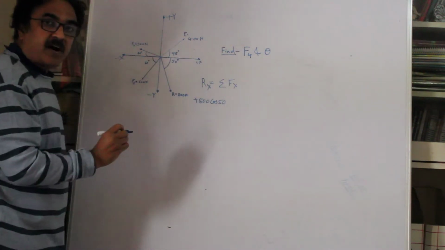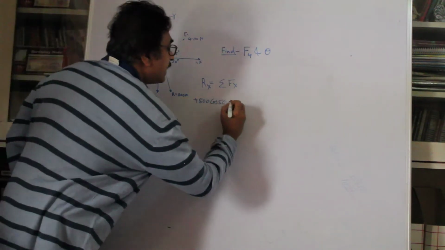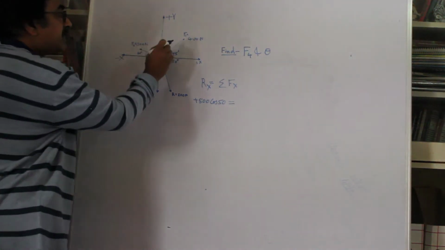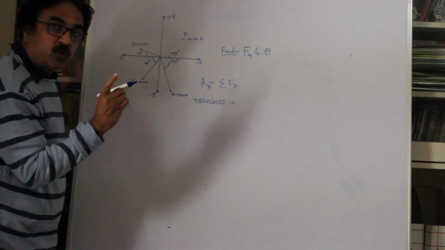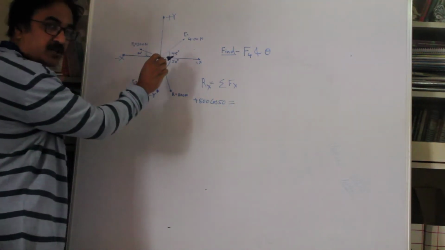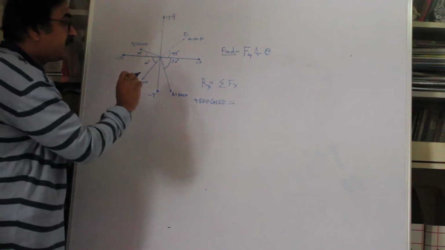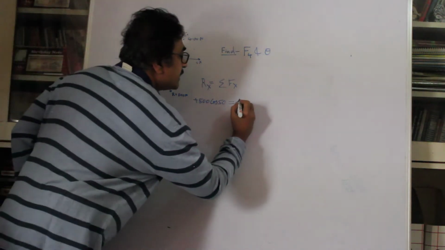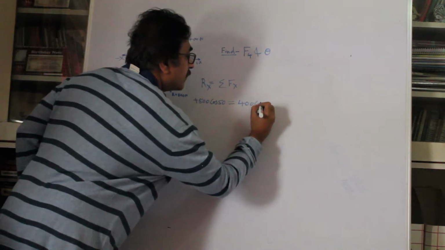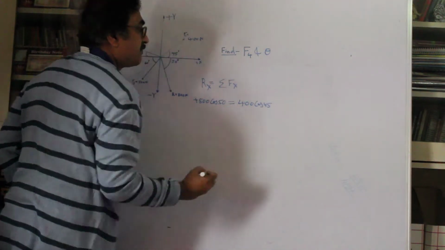This is the resolution of R along x-axis, and this has to be equated to sigma Fx. Sigma Fx will include F4 also. So start with F1. F1 resolved horizontally will be towards the right, towards positive direction. So I'll write this as 400 cos 45.